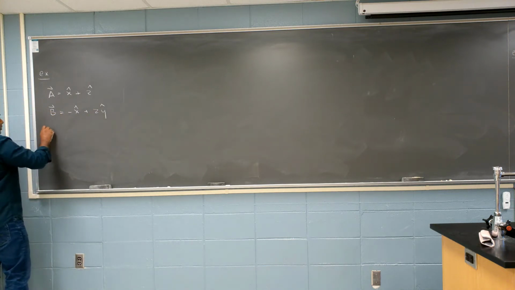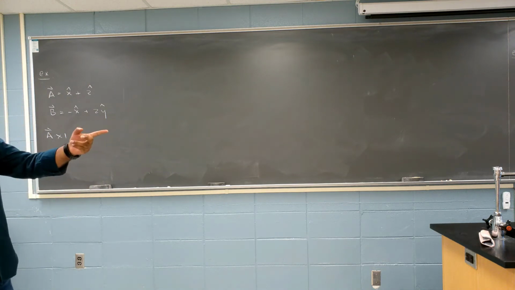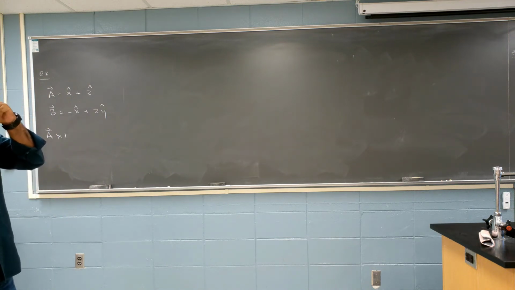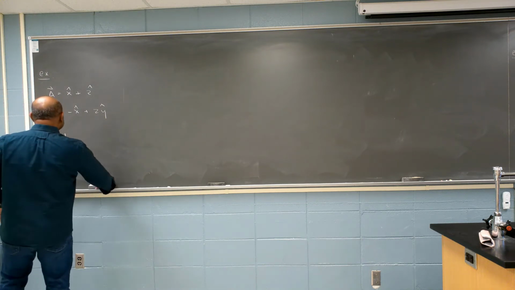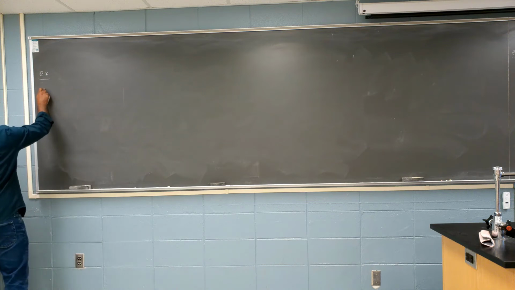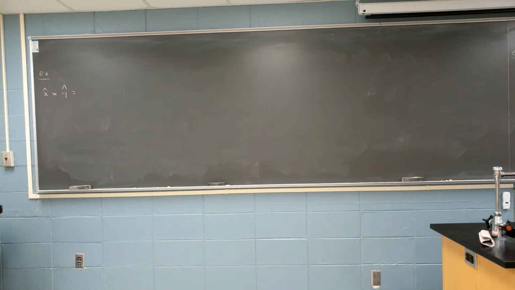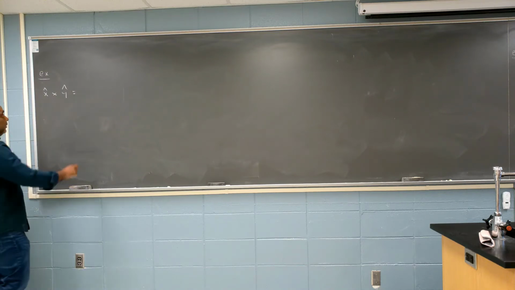Did we do an example already? Oh, we did, right? Then I want to do something else, because now you know how to take it. Just to see how the coordinate unit vectors are.